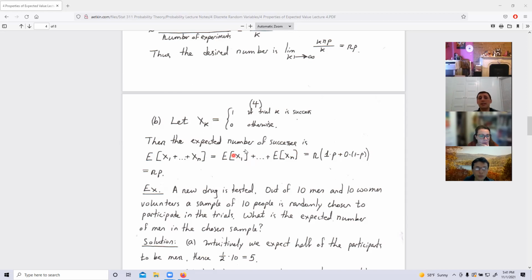Yes, and then what's the expected value of X1, for instance? X1 means that it's 1 times the probability that the string begins with a 1 and 0 otherwise. Now the string begins with a 1 with probability p, because all the others don't affect it. I hope you can see that, right? So if the first entry is 1, the rest can be anything they like, so it's just the probability p.